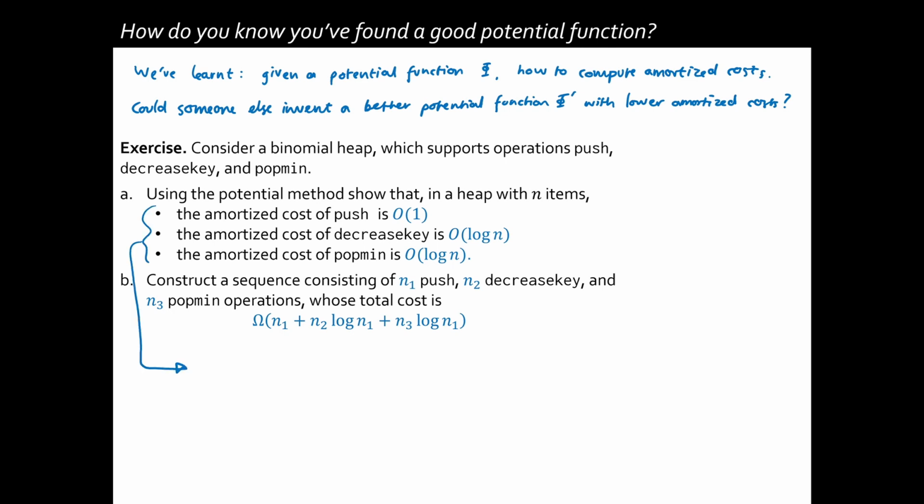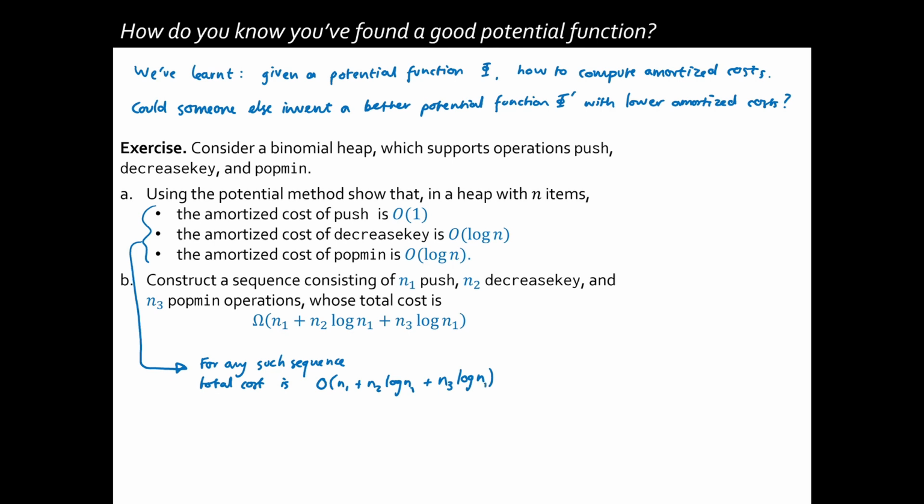Well, we know that for any sequence consisting of n1 pushes, n2 decrease keys, and n3 pop mins, the total cost is O(n1 + n2 log n + n3 log n). Here n is the maximum number of items in the heap. Obviously n is less than or equal to n1. n1 is the number of items we've pushed in, so instead of n I'm going to write n1 in this expression.